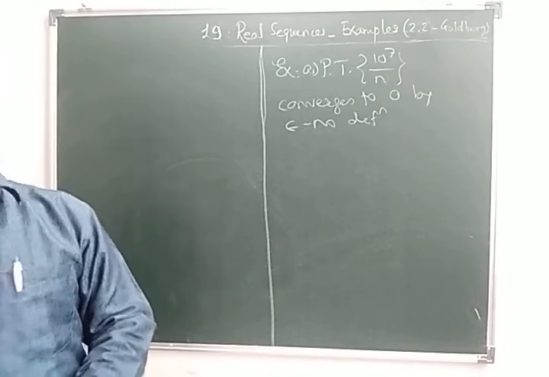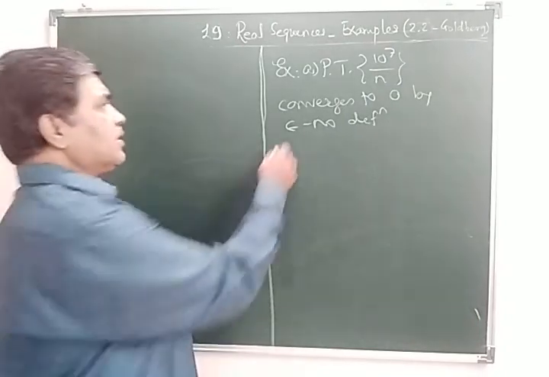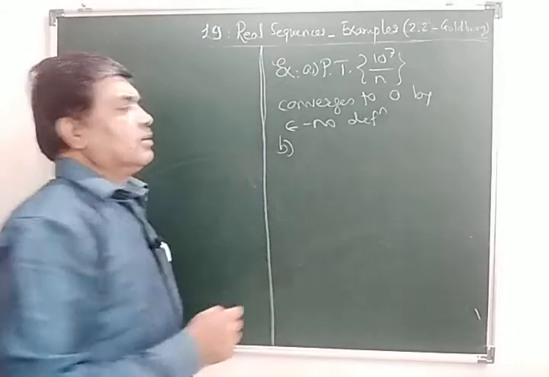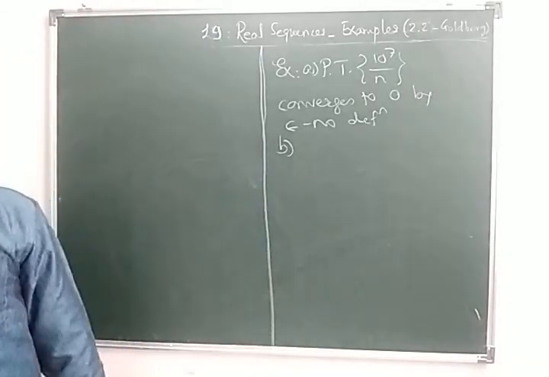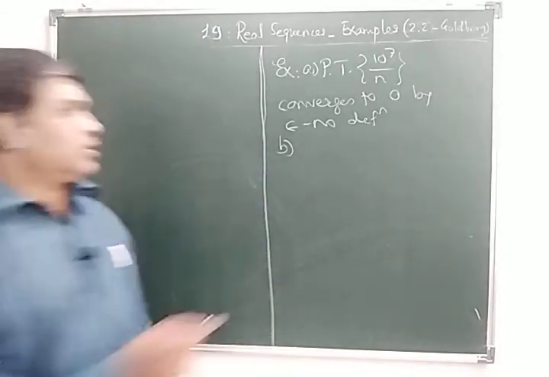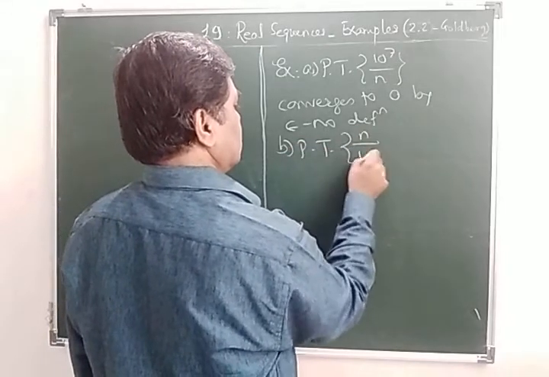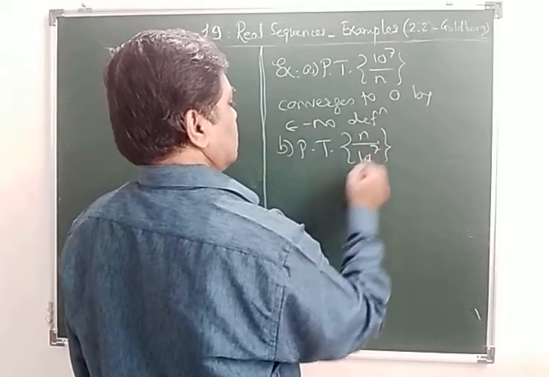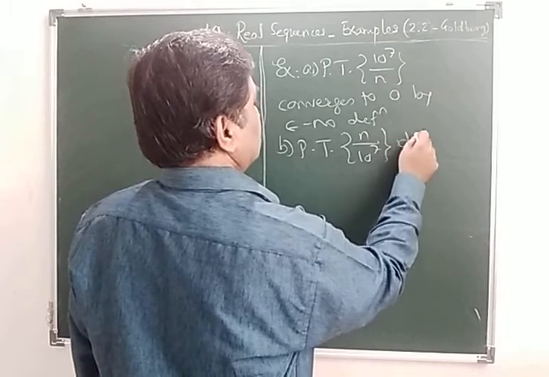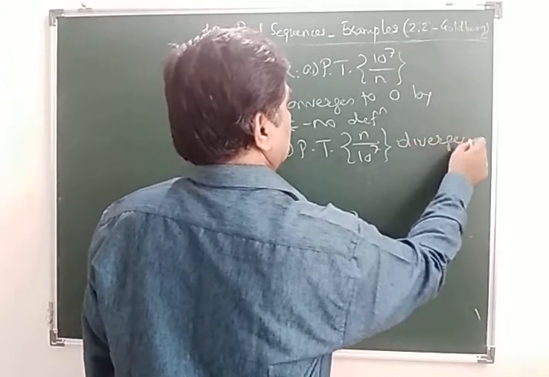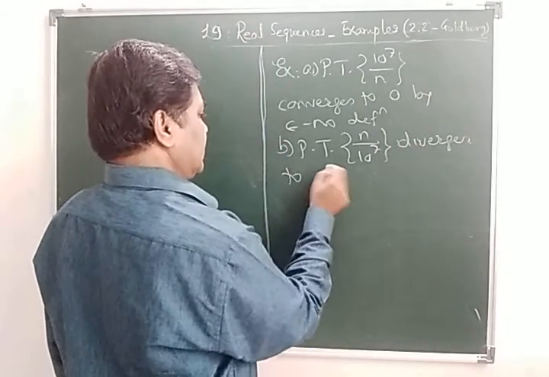Is it clear? B part: prove that n upon 10 raised to 7 diverges to infinity.